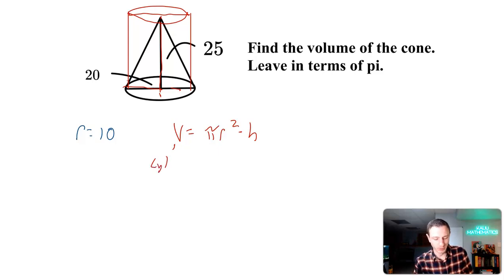The reason the volume of a cylinder is pi r squared times the height is because I'm taking the area of this bottom circle. This is the way I always explain it. If I have a cylinder, I take the area of the circle at the bottom, and then I just multiply by the height.